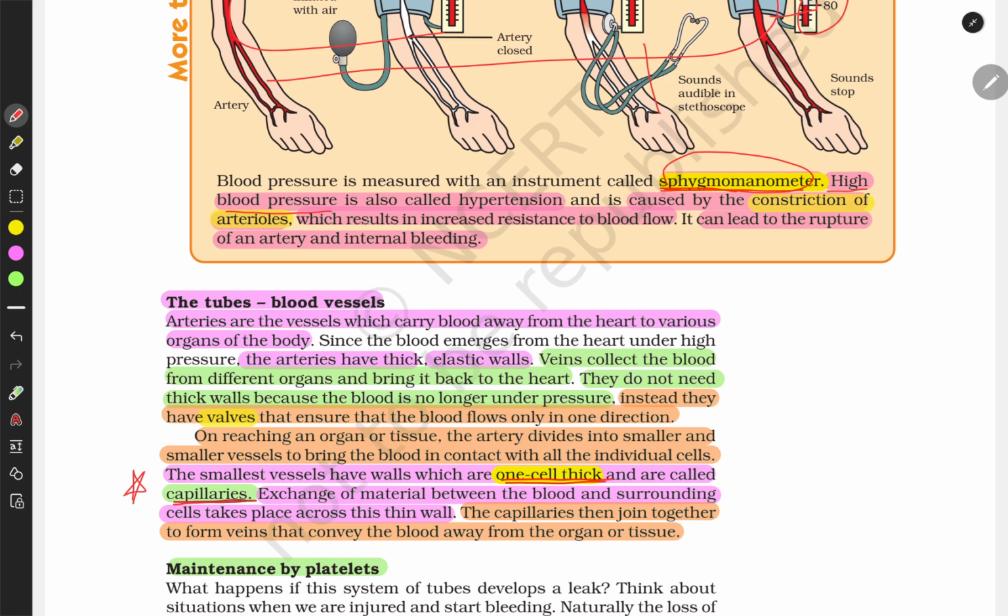And when there is high pressure, this is called hypertension, and this causes the constriction of the arteries, which results in increased resistance to blood flow.